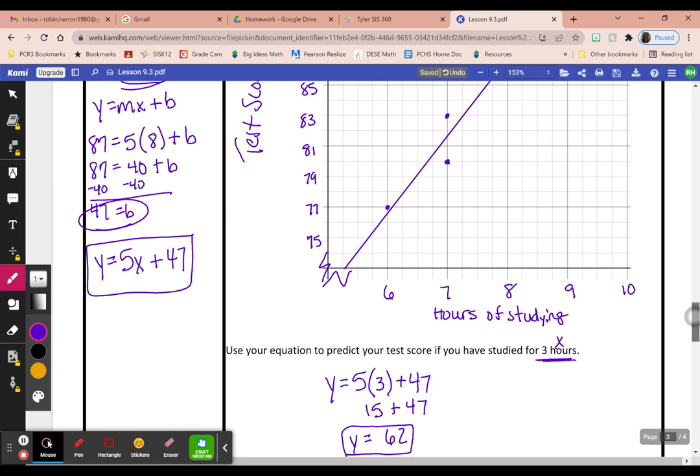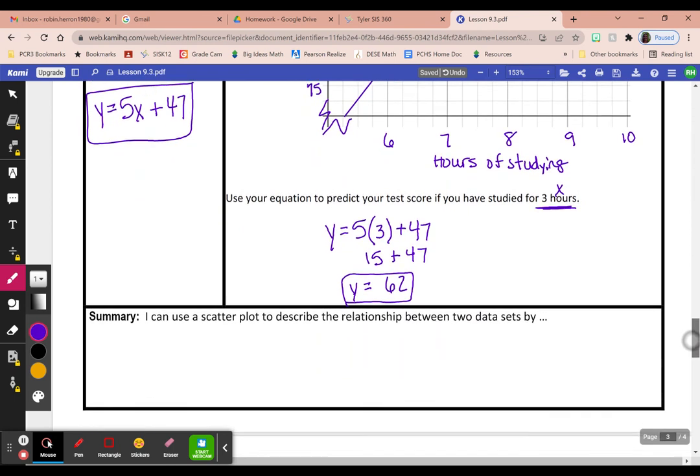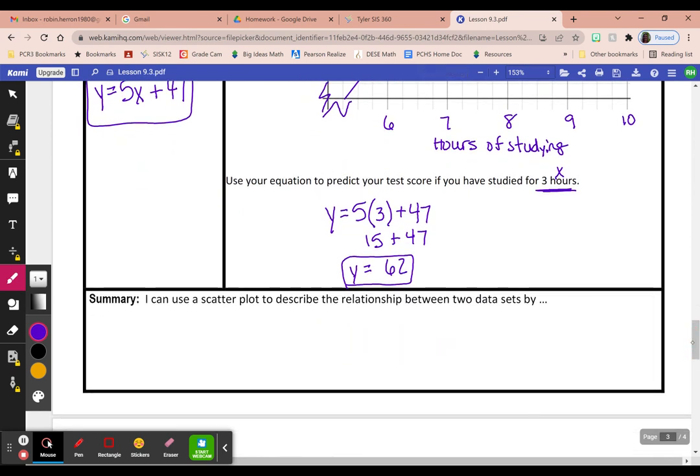All right. So in summary, I can use a scatter plot to describe the relationship between 2 data sets by plotting the points, right? So plotting the points of the data. Okay, then draw a line to the data and write an equation.